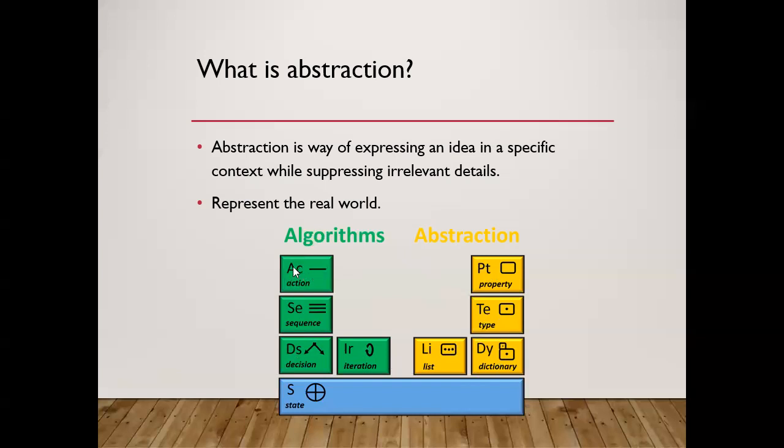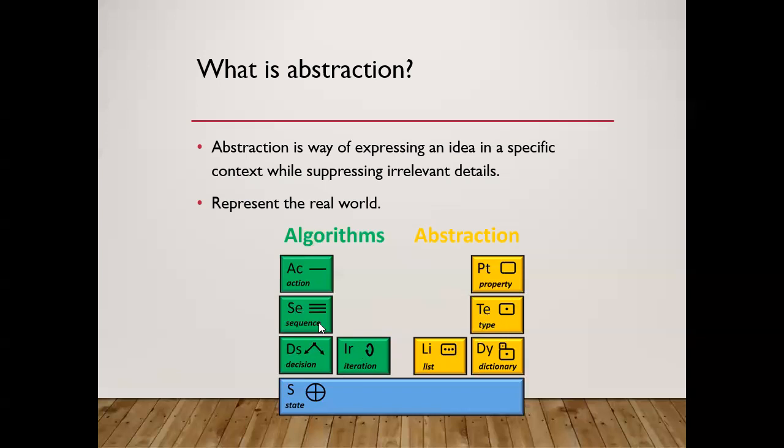What if you just had a single line for action? Or what if you used just AC for action? Or SE for sequence, I guess. Decision is a point with two arrows coming out of it. We see that on our diagrams. Iteration is a loop.